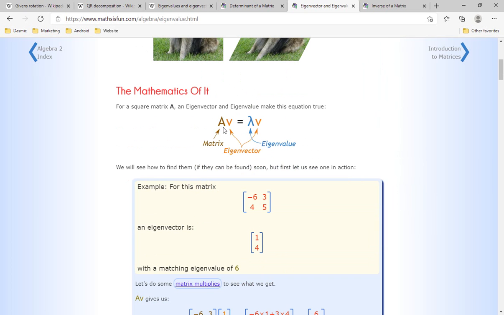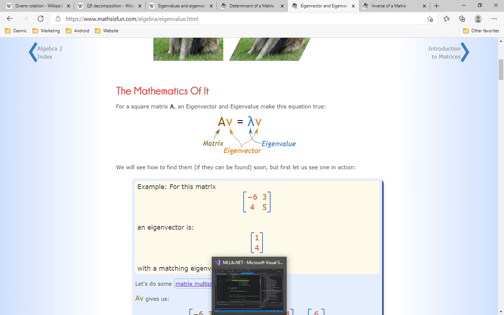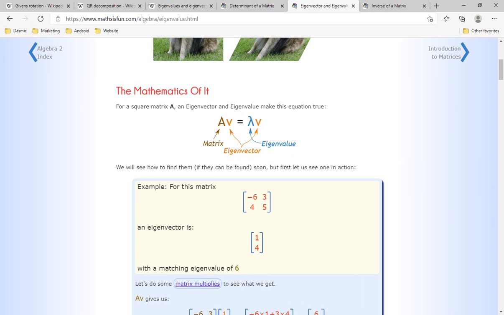But in its basic form, what an eigenvector and an eigenvalue is: if this is a matrix, you multiply it by an eigenvector, it leads to the same result as when its eigenvalue is multiplied to its eigenvector. So eigenvalues and eigenvectors have a lot of uses, and that's why we have implemented it. It's also used in some parts of machine learning.